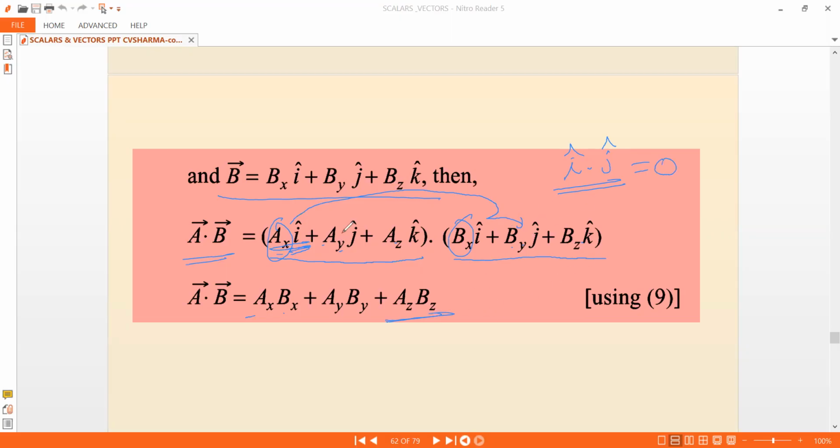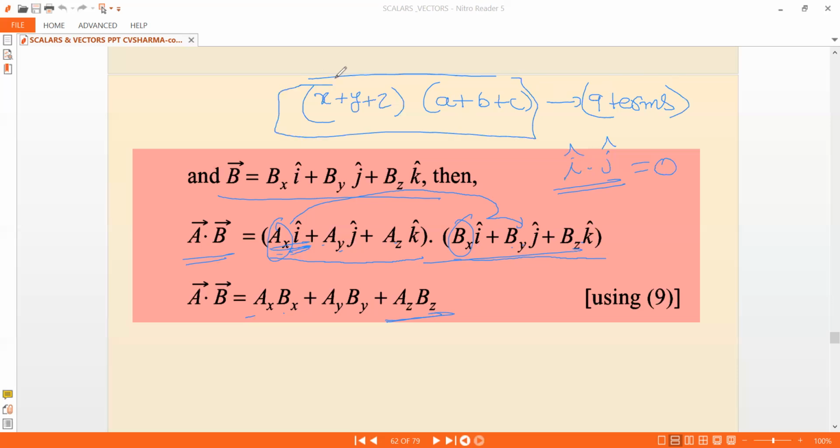Algebraically, if you have to multiply x plus y plus z with some a plus b plus c, you are going to get 9 terms, like in the basic algebraic products. But out of these 9 terms, only these 3 terms will sustain.